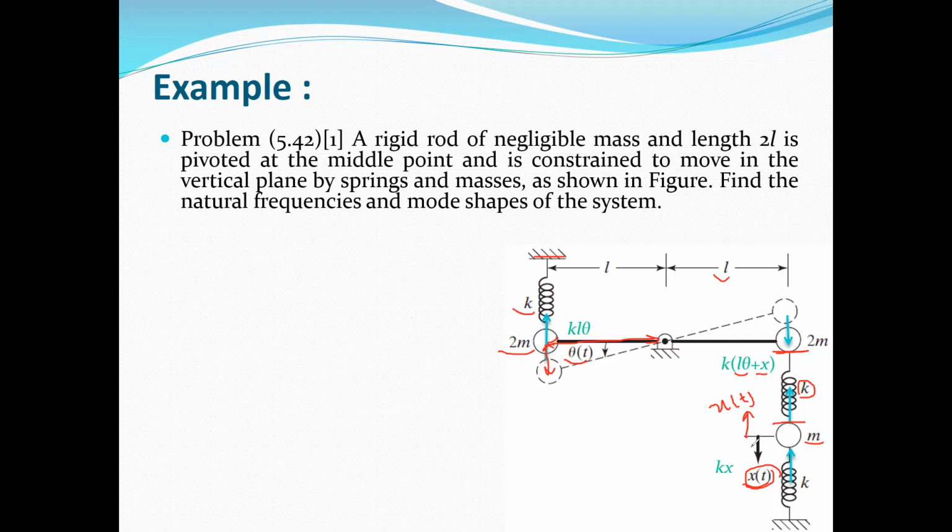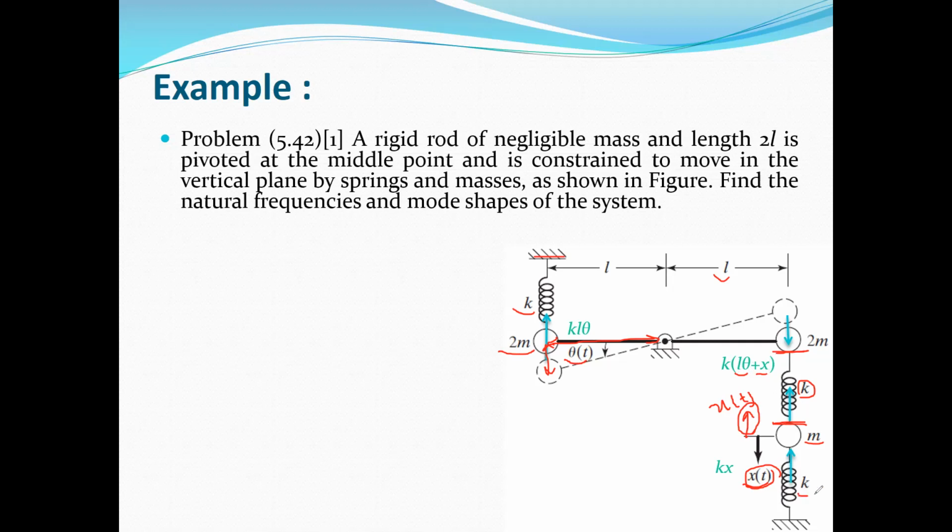But here, because we assume that x(t) is in the downward direction, this edge of the spring will be under extension and pulled, so for calculations the force in the spring is equal to k times (L theta plus x). The direction of this force is important, but according to this assumption and this direction for the displacement, here we will have k(L theta plus x).